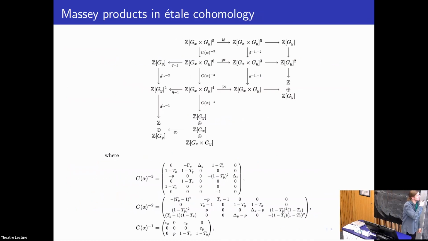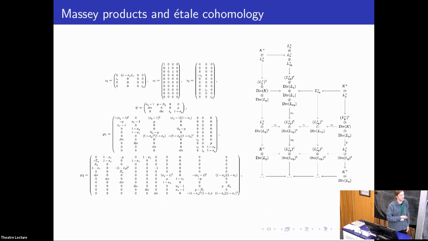When we take resolutions of the locally constant sheaves by comparing them to certain G-modules, where this is the maximal ramified extension, you get a diagram which looks as follows. These are certain maps, and in the end, to make calculations, you have to work with this matrix.